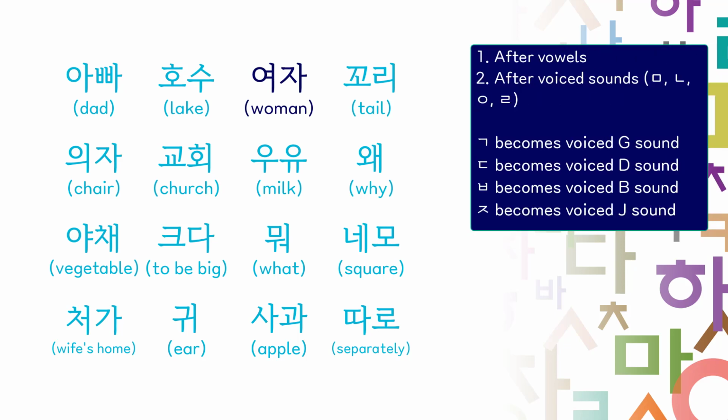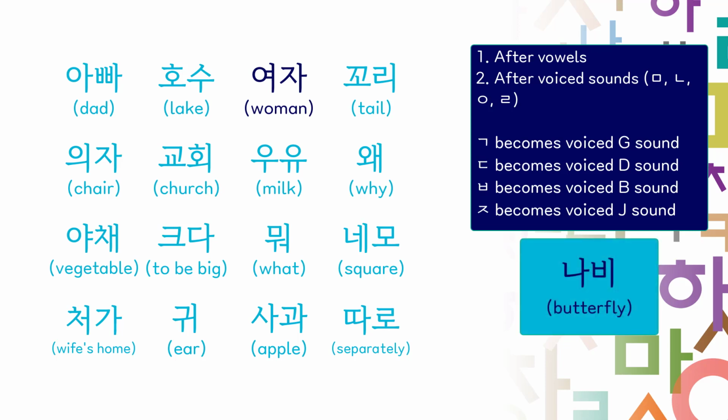Now, one thing to note with mildly aspirated consonants, 기역, 티귿, 비읍, and 지읒, when they're used in second or third syllables and come after vowel sounds or a voiced final consonant, such as 미음 and 니은, they are pronounced as voiced sounds. So 기역 becomes a G sound, 티귿 becomes a D sound, 비읍 becomes a B sound, and 지읒 becomes a J sound. So this is pronounced 여자.